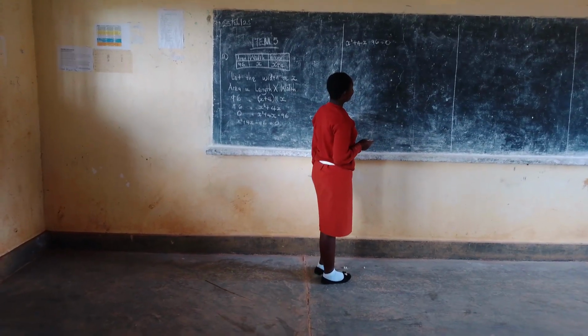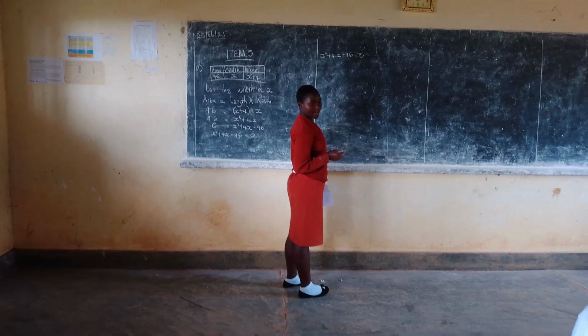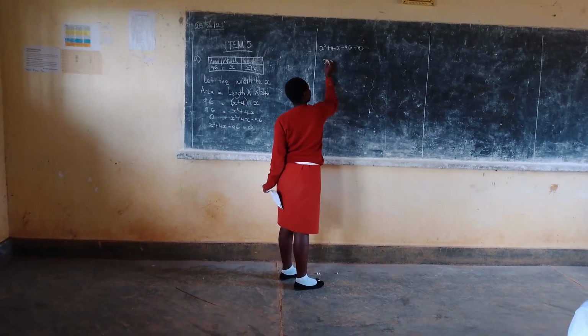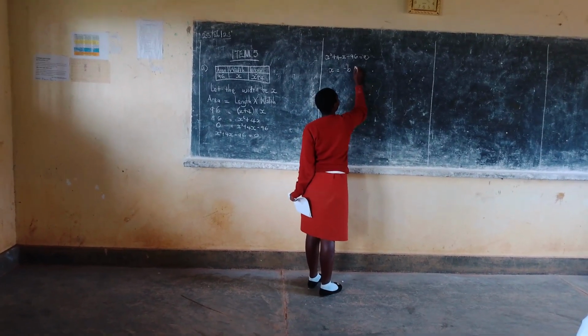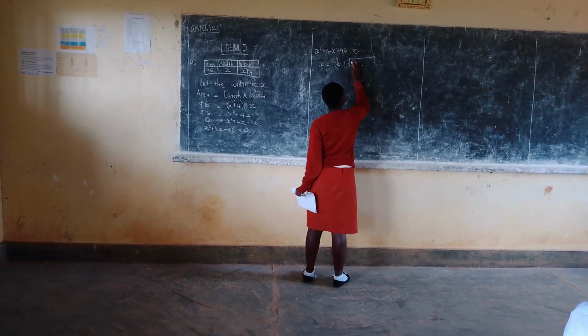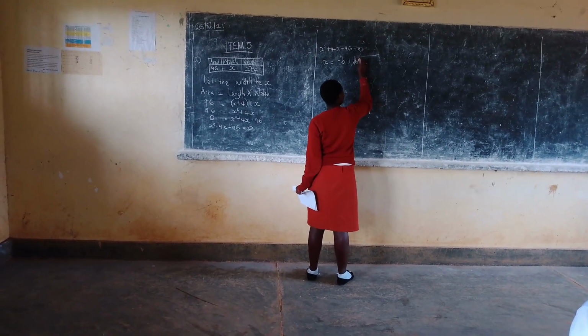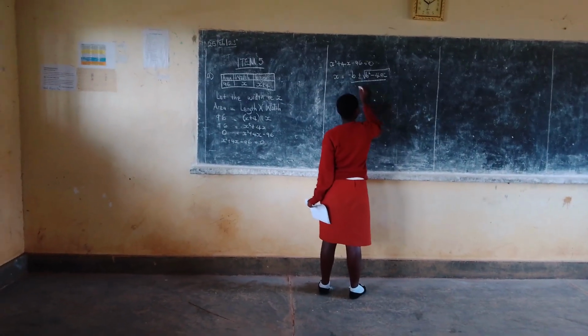We are going to use the quadratic formula. How does it state? x equals negative b plus or minus the square root of b squared minus 4ac, all over 2a.